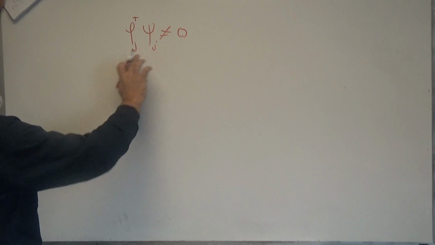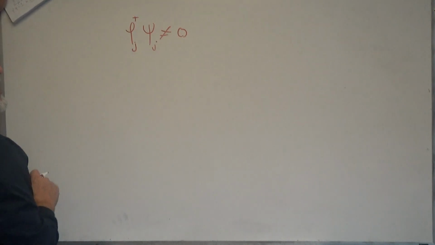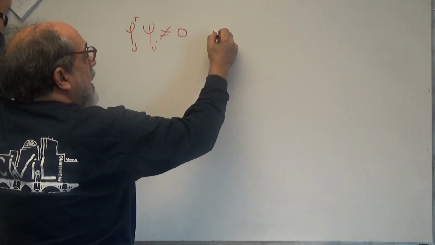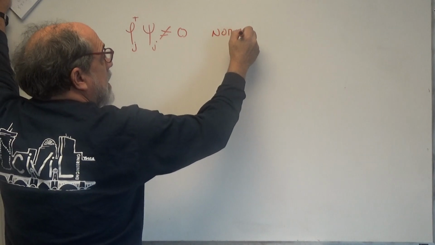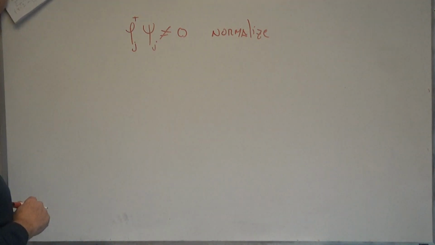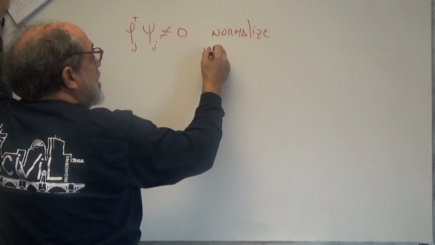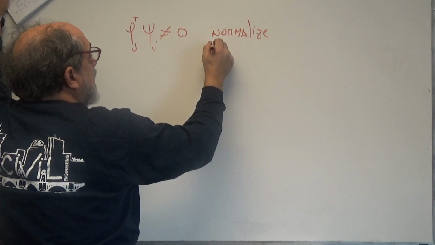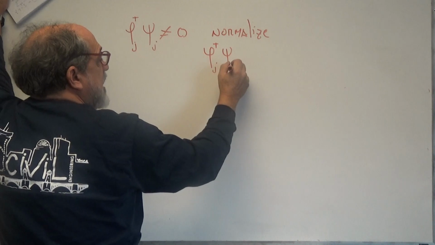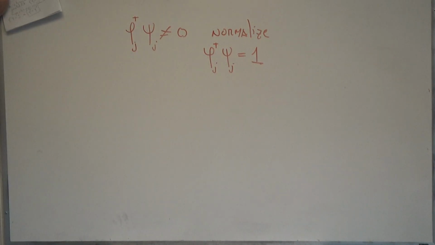It's when these two subindices are different from each other that this is 0. Now we can normalize, because the eigenvectors are normalizable, right? We can multiply by whatever it takes, so that phi j transpose times Cj transpose times phi j is equal to 1.